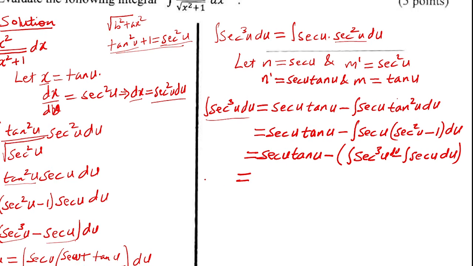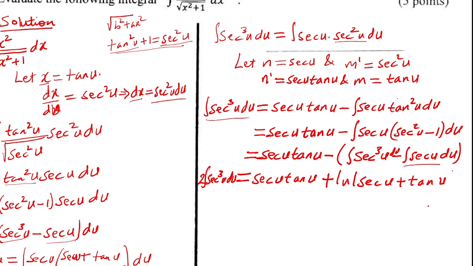What will we have? We will have 2 times the integral of sec cubed u du is equal to sec u tan u plus the integral of sec u. Here we have ln of the absolute value of sec u plus tan u. Now divide both sides by 2.